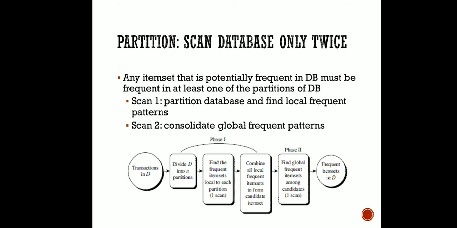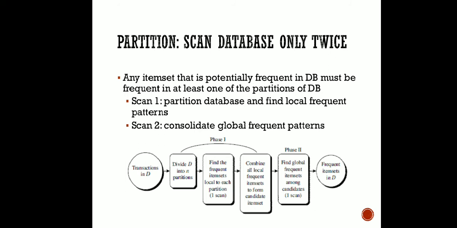So you can see here, instead of scanning the whole database, we can partition it and perform the scanning operation parallelly and come up with those item sets which are satisfying the criteria in their local area, and then come up with this total candidate item set. And now, this is phase 1, and if we can find all the qualifying item sets from the local areas, then we can find the global frequent item sets among the qualified candidates from the local candidate set, right?